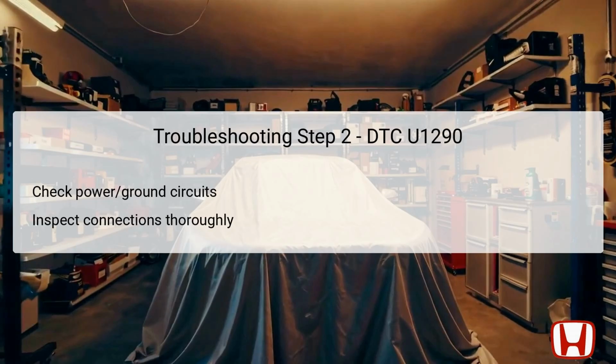In this step, focus on checking the power and ground circuits associated with the front seat heater control unit. This entails inspecting wiring harnesses and connectors for any visible signs of damage, corrosion, or loose connections that could disrupt communication. A multimeter can be an essential tool to measure voltage levels and ensure that the unit is receiving proper power supply.